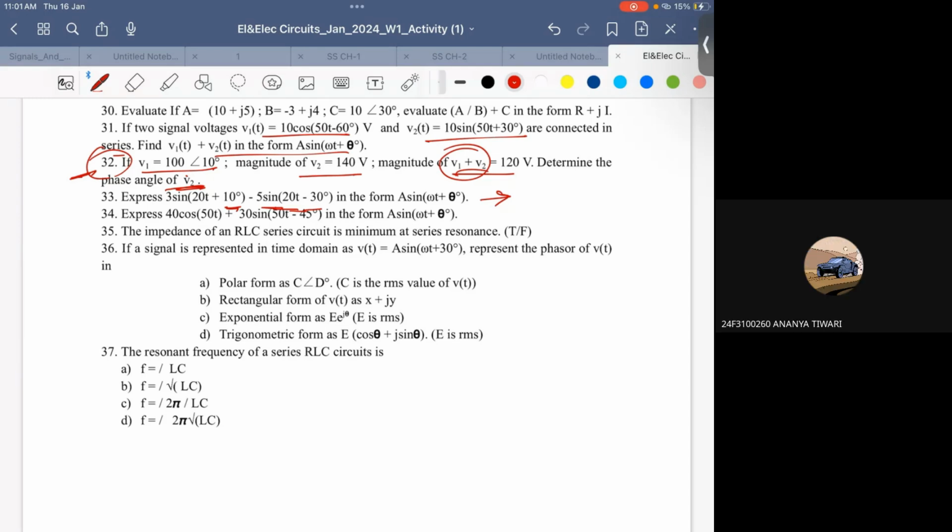Sir, we can convert the second sine to cos and then use the a sine x plus b sine y formula. Okay, that you can do. A sine theta plus b cos theta, yeah, that you can do, but I guess there will be a lot of calculation.